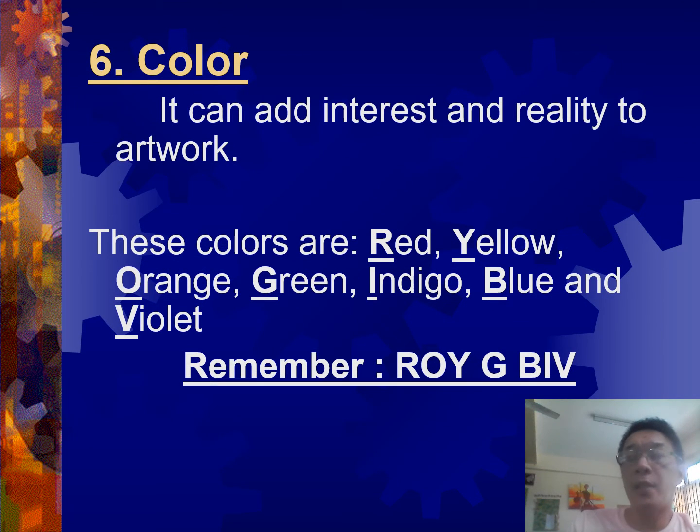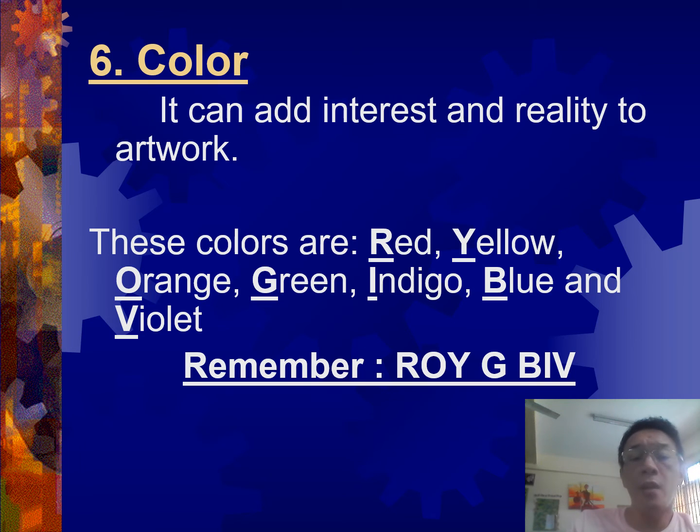The next element of the art is the color. It can add interest and reality to artwork. When we see pictures, it is very captivating and real life if we add color to it.